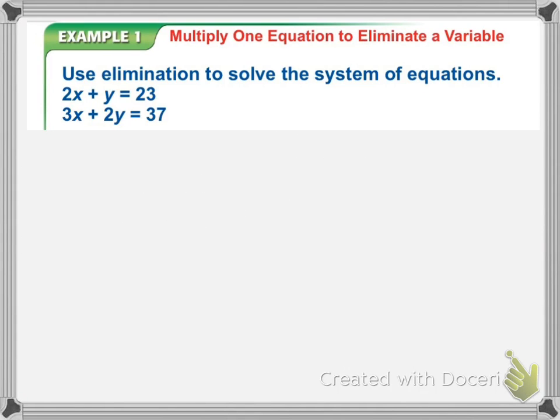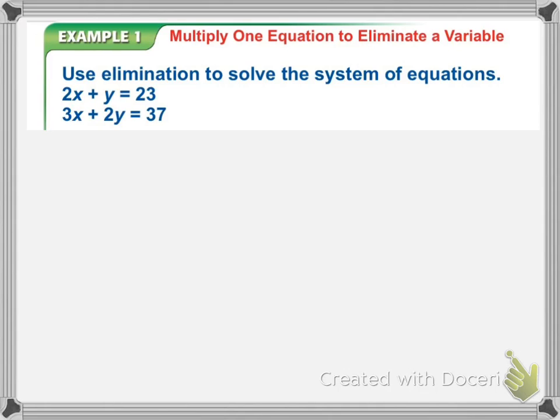So here's your first example. In this first one, we're only going to multiply one of the equations in order to get the variables to cancel out. So if you take a look at your 2x and your 3x, notice that those are not going to easily multiply to get the same number. I would have to multiply the 2 times 3 and the 3 times 2.